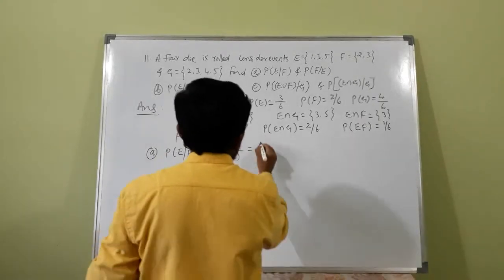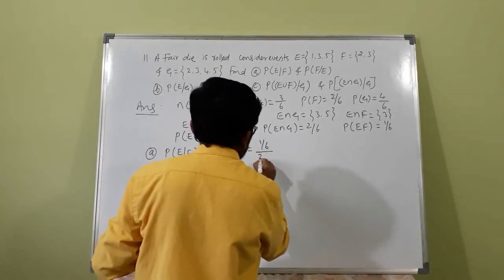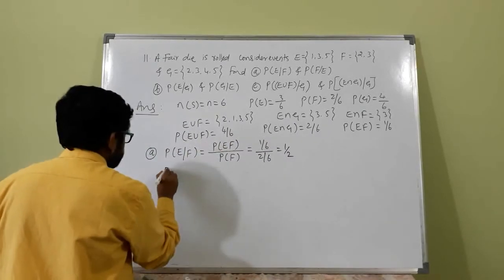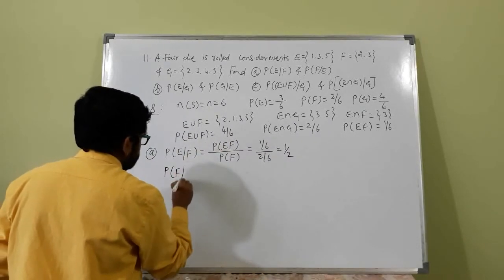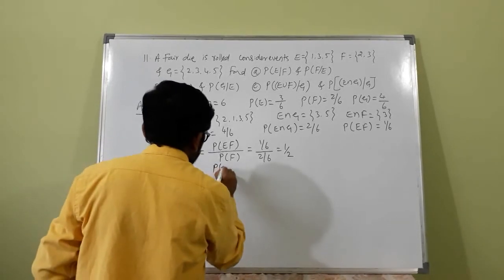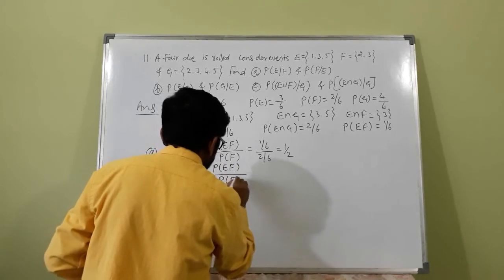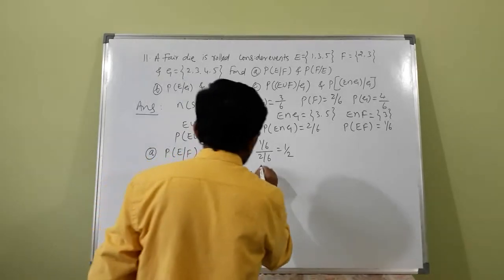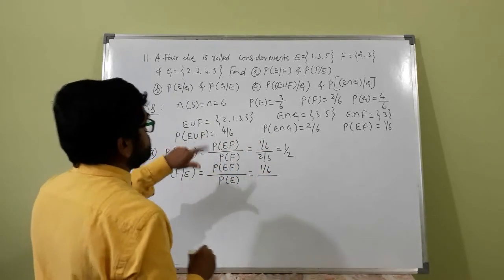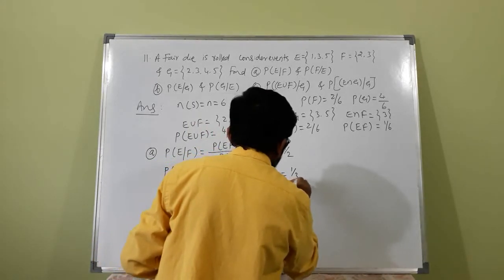So 1 by 6 divided by F, which is 2 by 6, so half it is. Probability of F given E is equal to probability of EF divided by probability of E, which is 1 by 6 divided by 3 by 6, that is 1 by 3.